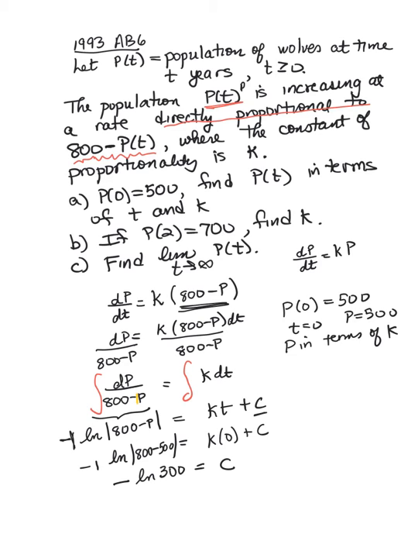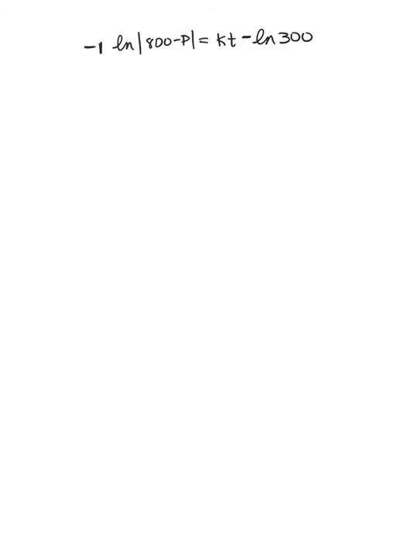Now we have to proceed and isolate P from this equation. So let's go on to the next page and do that. We have this solution, -1 times the natural log of the absolute value of 800 minus P equals kt minus ln of 300. We already solved for c.